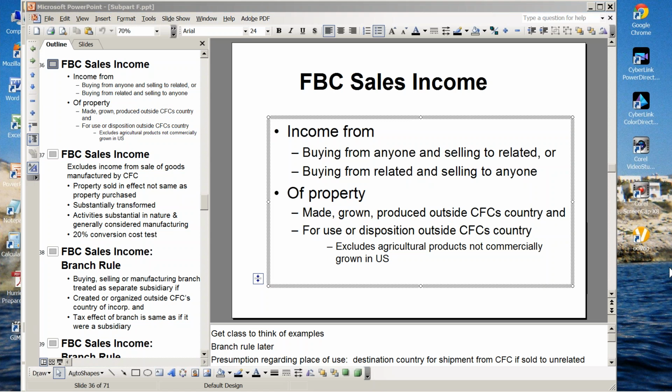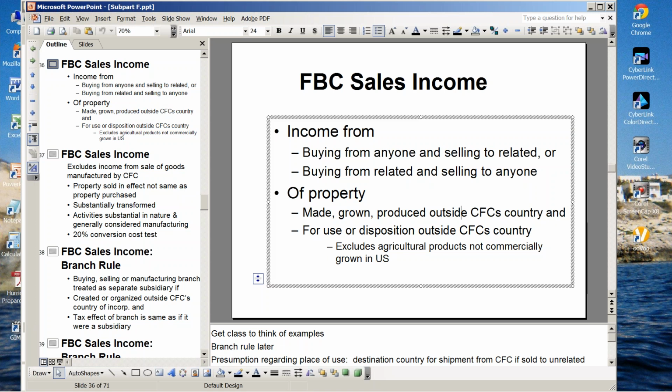If a CFC sells goods and ships them to an unrelated party outside the CFC's country of incorporation, those goods are presumed to be for use or disposition outside the CFC's country.